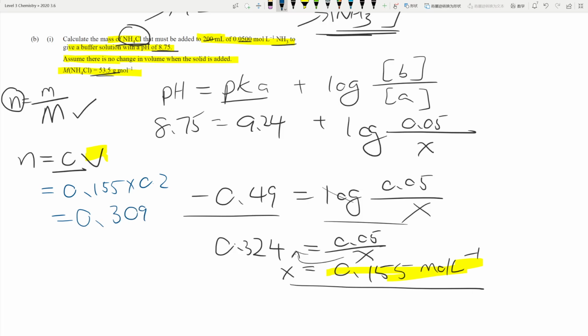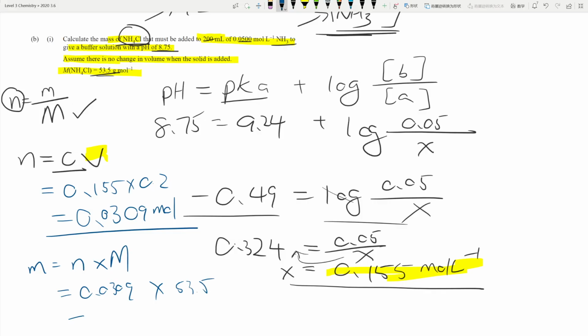Use every single digit from your calculator. Oops, I forgot a 0 right here. Moles. So this is how many moles you have. So mass equals your mole times the big M, which is 0.0309 times 53.5, which is going to give you 1.65 grams.